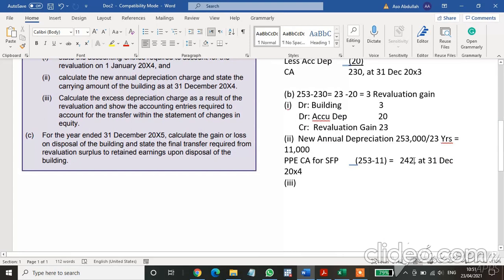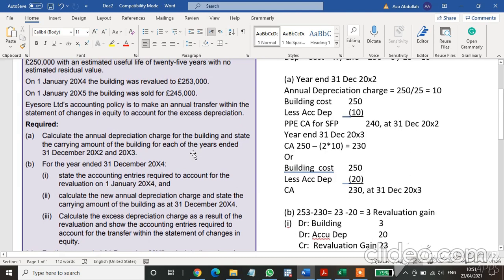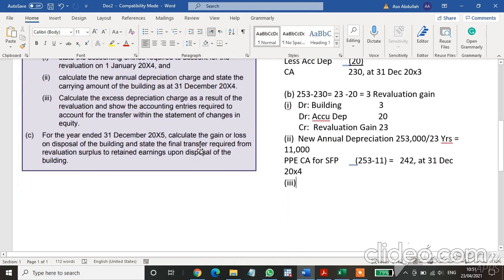That's not what we expected to be the value at 31st of December, but obviously we sold it for 245,000 pounds. So we need to do some calculation here.